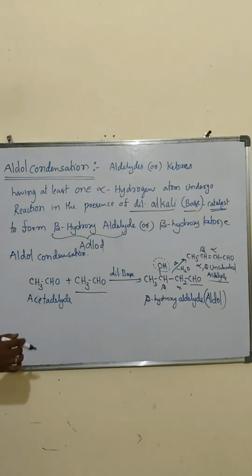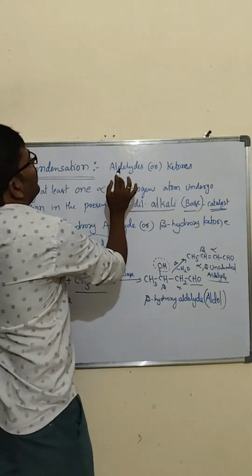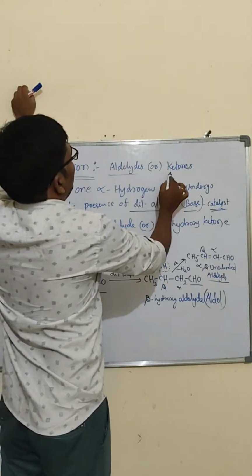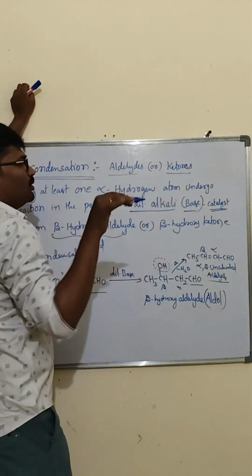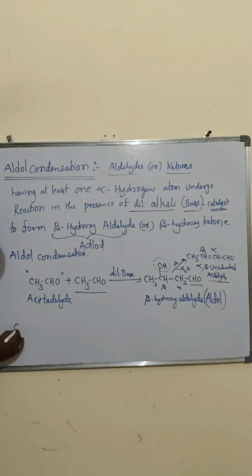See, clear? Then if you take ketones in place of aldehydes, because we discussed that aldol condensation involves both aldehydes and ketones. So I am taking one of the compounds as a ketone, acetone, a well known compound.